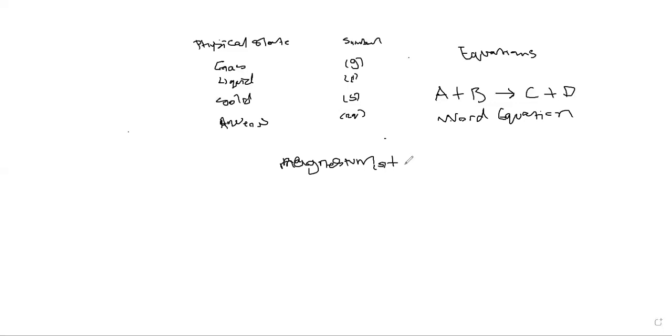So plus oxygen gas, then to form magnesium oxide. Sorry, that's how you write a word equation.